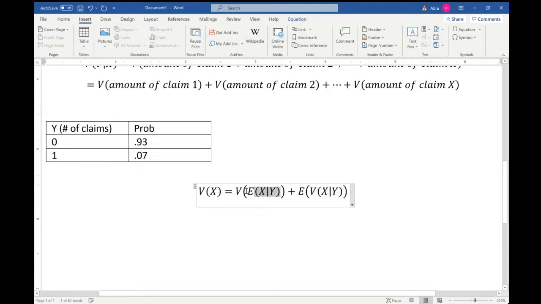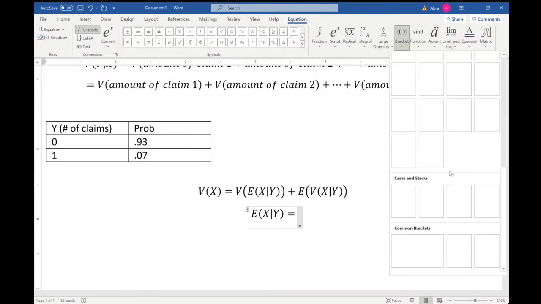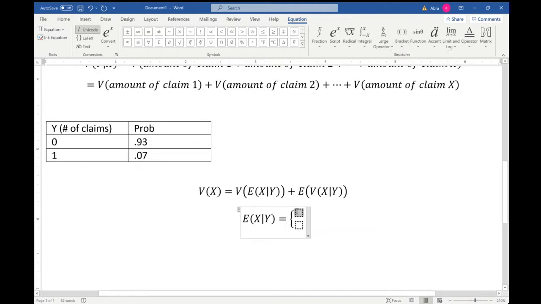All right, so for the expected value of x given y, we have two possible values: the expected value of x given y could be 0 if y equals 0, or you said 800 if y is 1? Yeah.